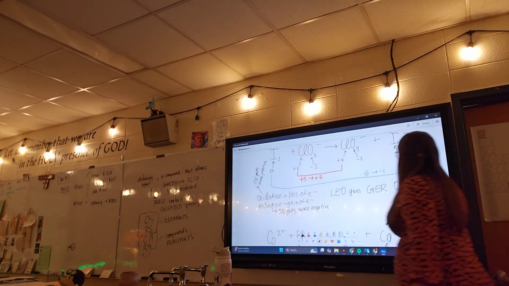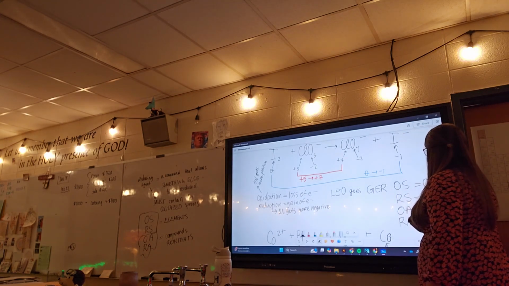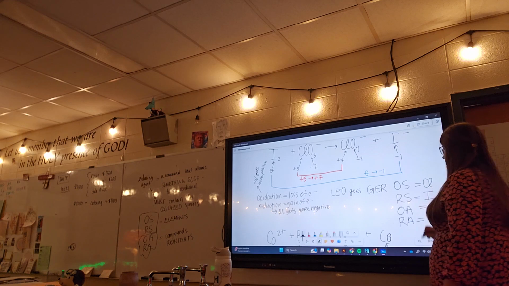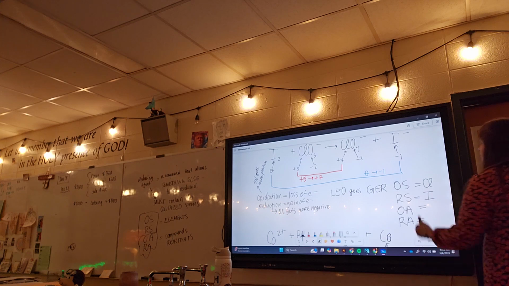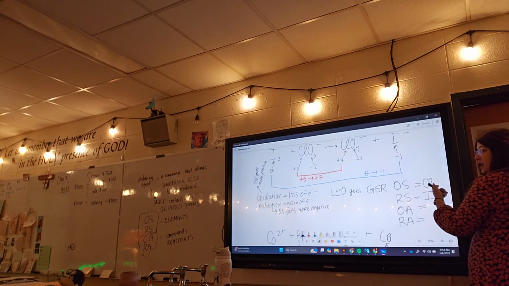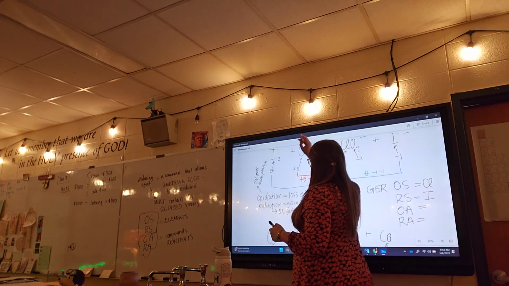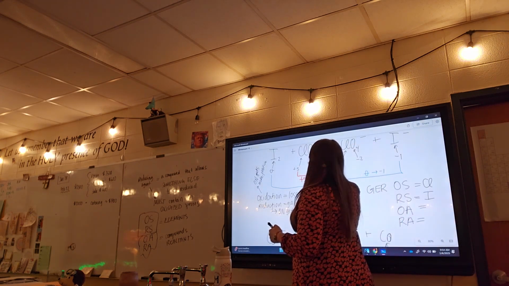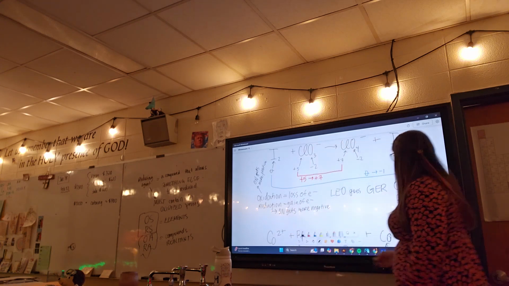Okay, so then let's go back to these examples that we had before and identify the oxidizing agent and the reducing agent. Okay, so I'm going to follow my instructions on the board. It says the reducing agent must contain the oxidized species. So no problem. I'm going to find my oxidized species, it's Cl, and I'm going to go to the reactant side of my reaction, and I'm going to find that compound and write that down here.